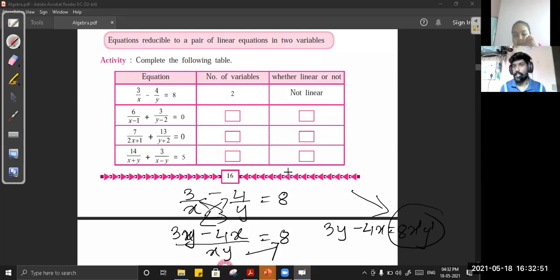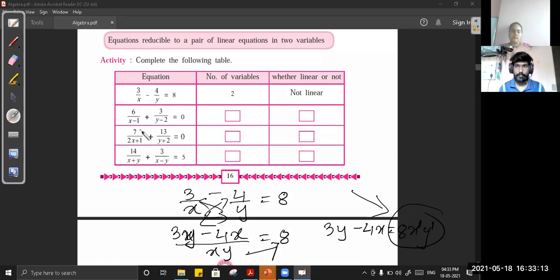That is why this is not linear. In a simple way to identify whether an equation is linear or not, we conclude that if the variable is in the denominator of a fraction, then it is not linear.